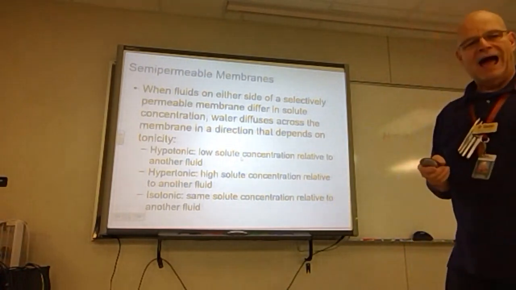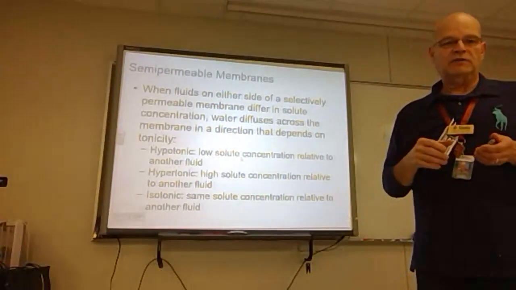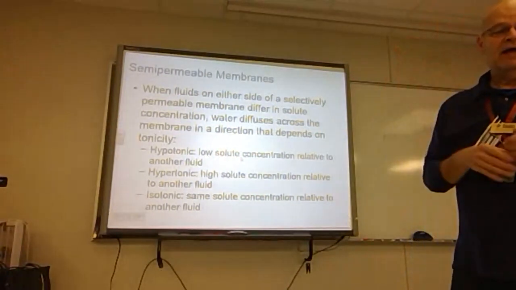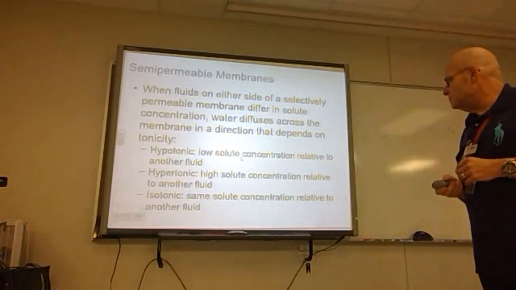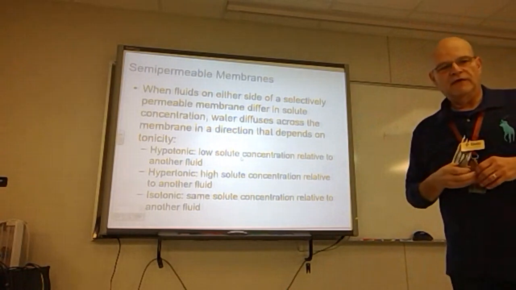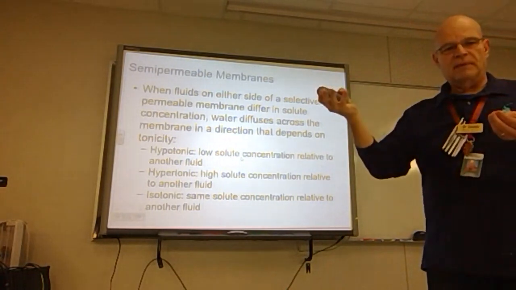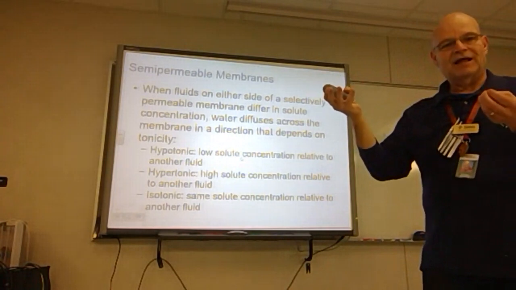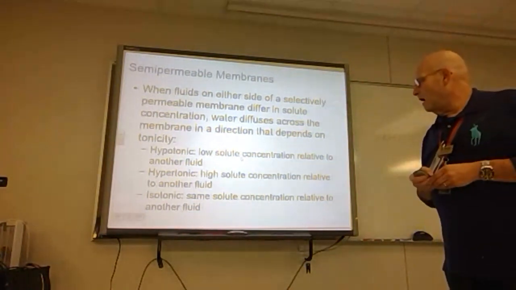If you simply remember that hypo, HYPO, means low, and hyper, HYPER, means high, these things aren't that confusing. Low solute concentrations relative to another fluid is hypotonic. If a cell has 3% salt and an environment has 8% salt, then that cell is hypotonic to the solution.